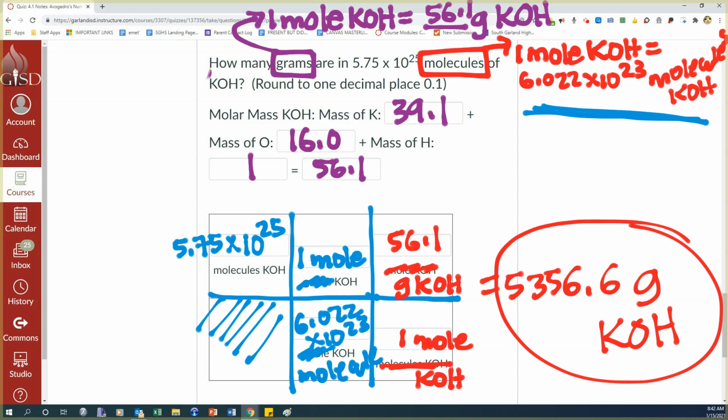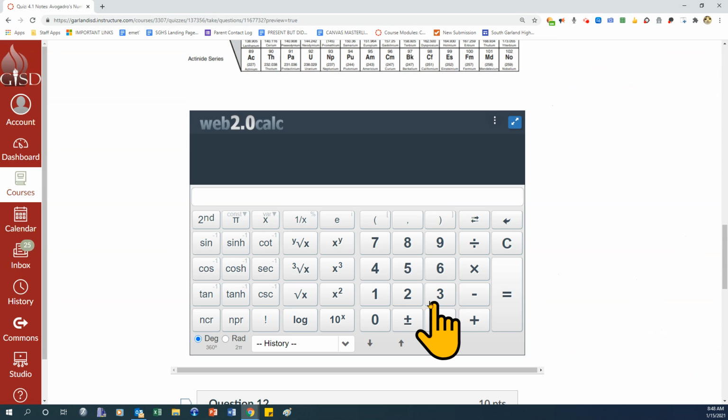Go ahead, write it down. And let's put it in the calculator at the top just to make sure. Again, use a bracket, use the parentheses.